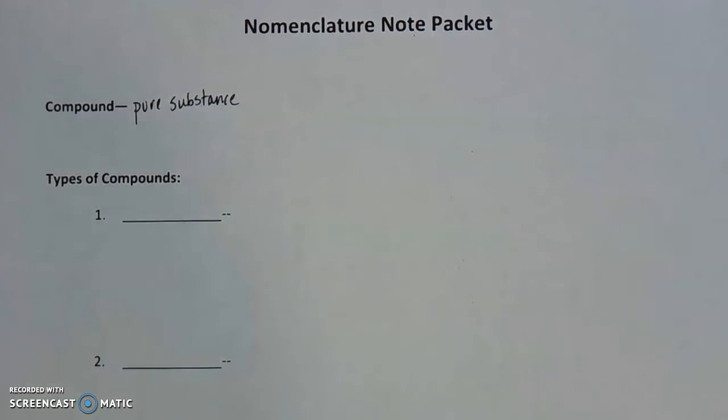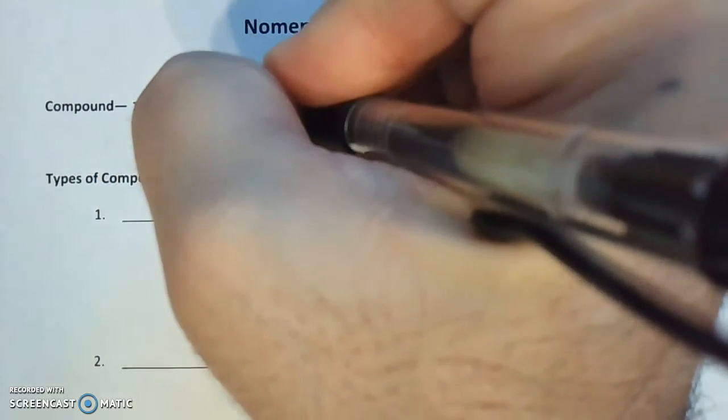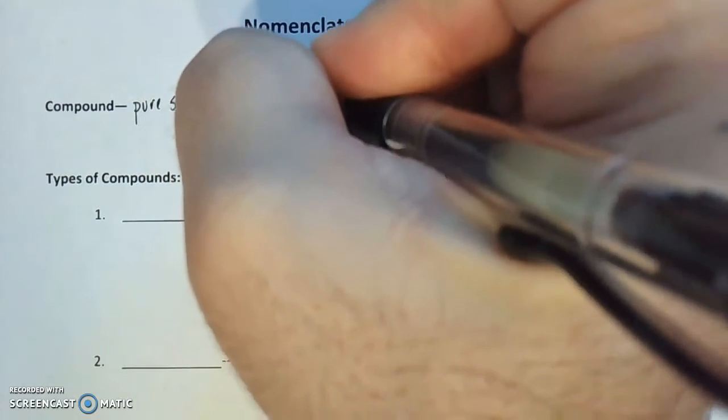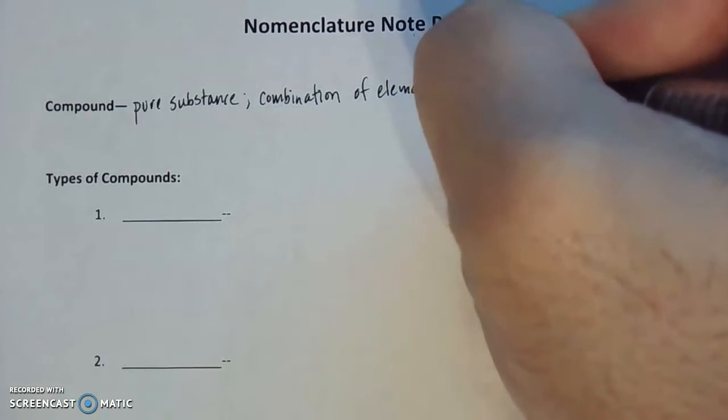So a compound, if you recall back to the beginning of the year, we said a compound was a pure substance. So pure substance is something that cannot be broken down into its parts through a physical change. So this pure substance is a combination of elements bonded together.